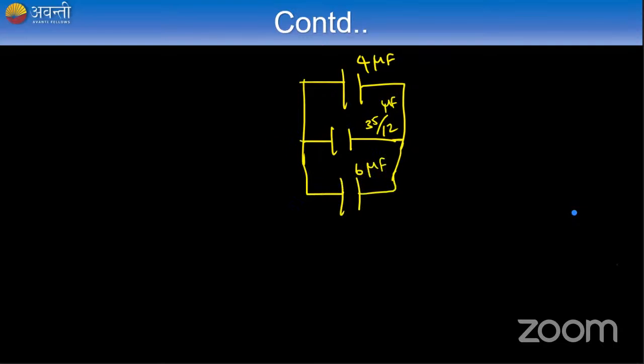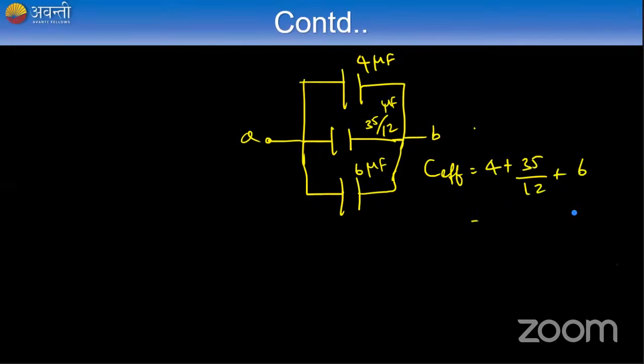These are connected across points A and B. Guys, help me solve this. C effective would be 4 plus 35 by 12 plus 6.